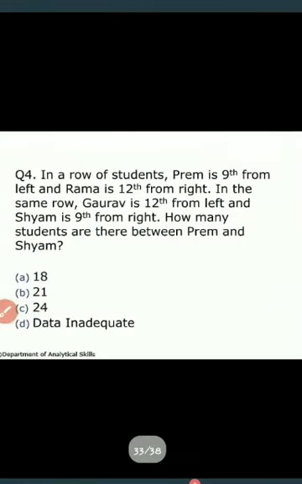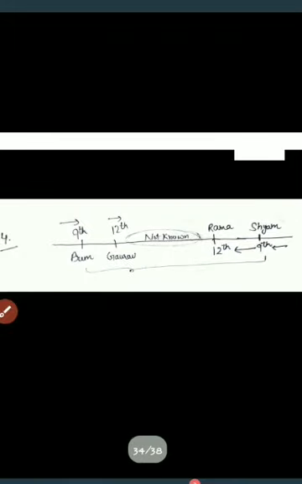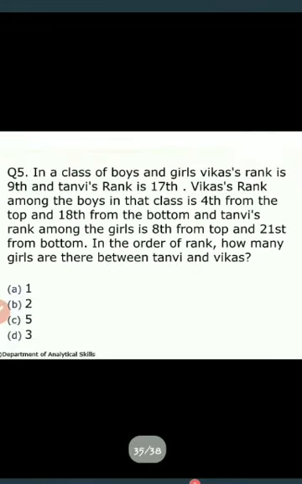So there will be so many possibilities, and we don't know how many persons are there between Ram and Gaurav. So here, if you have to calculate how many students are between Prem and Sham, can we calculate? No, we cannot calculate. So your answer will be option D, data inadequate. That is, complete information is not given. We don't know how many students are there between Gaurav and Ram.